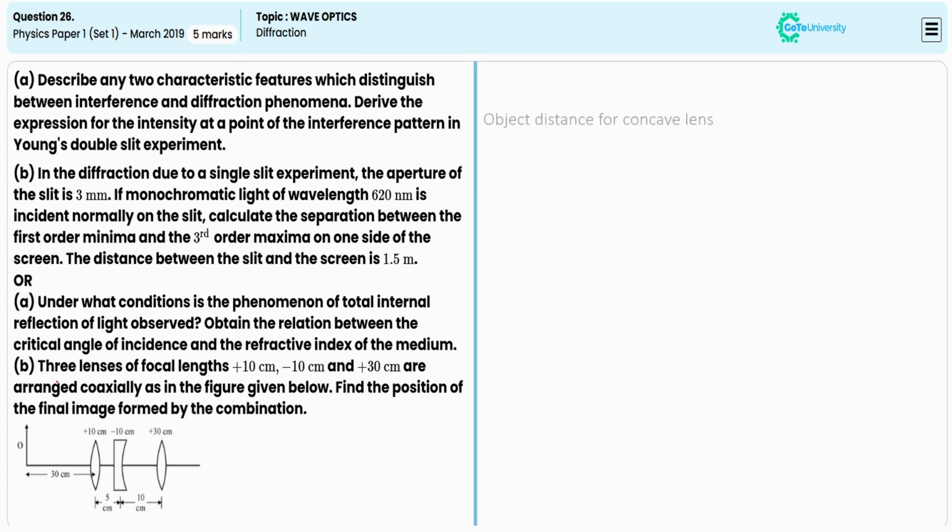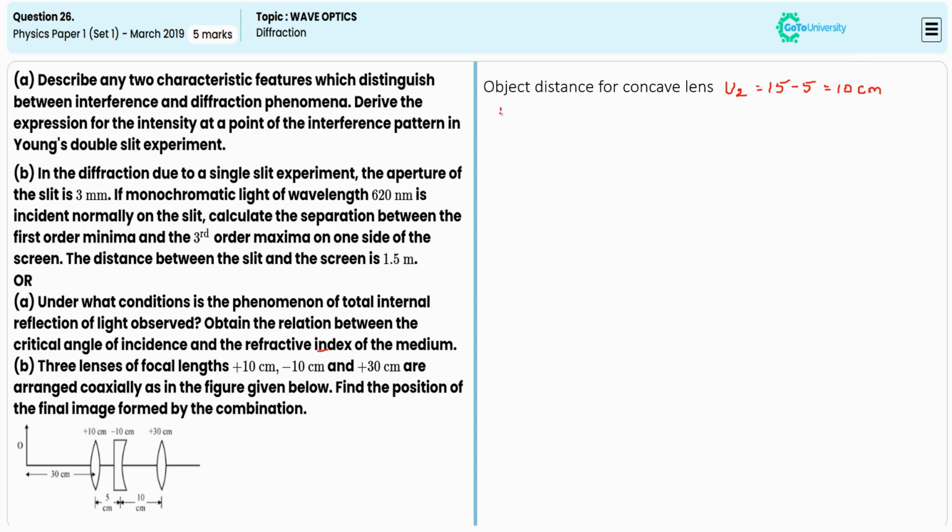Then the object distance for the concave lens, that is u2, is equal to 15 minus 5, that is equal to 10 centimeter.